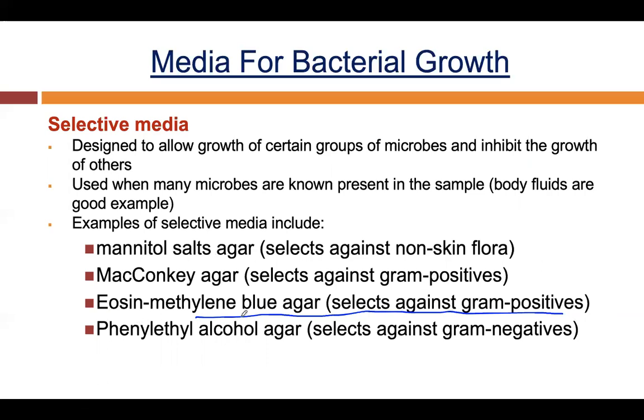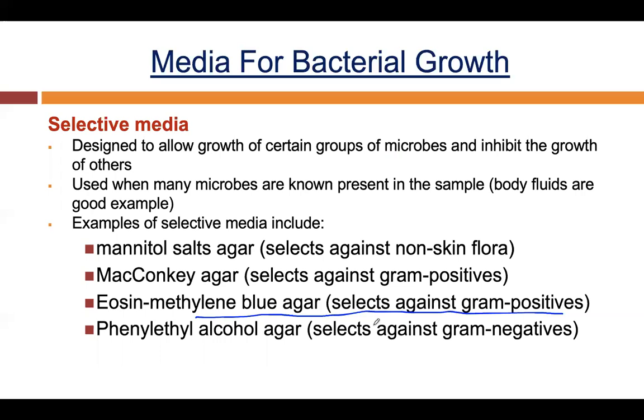But if it is a gram-positive bacteria, you cannot grow it on an EMB plate, because this eosin methylene blue agar will block or inhibit the growth of gram-positive bacteria.